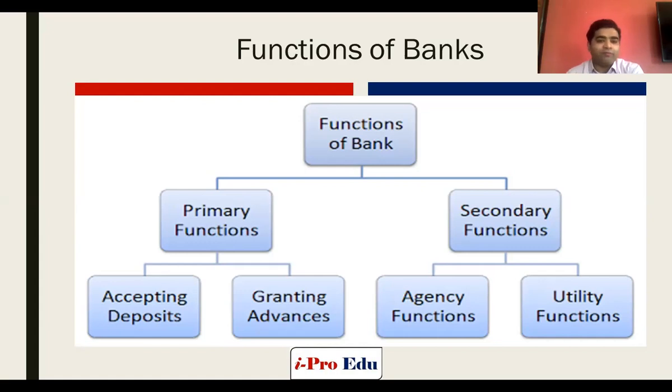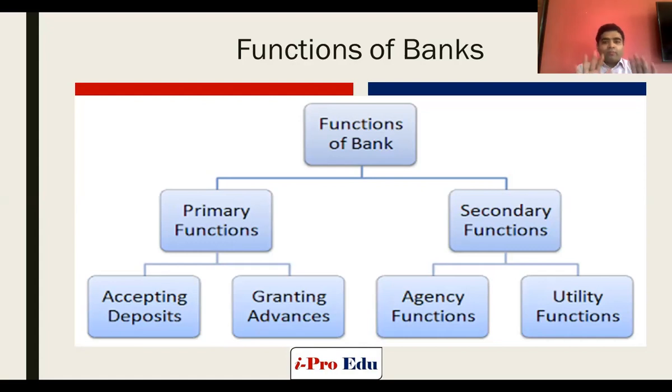Now, this is a utility function. There are many other utility functions, like an ATM card. So basically, utility functions are those functions which help customers over and above the primary functions of the bank.